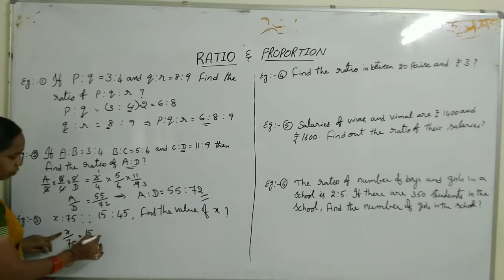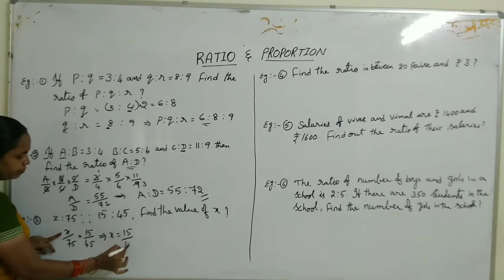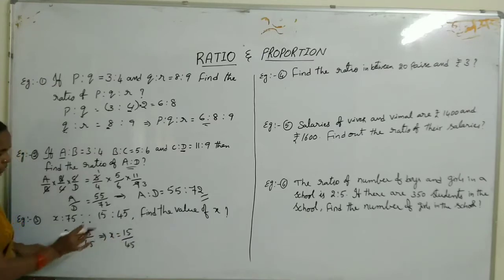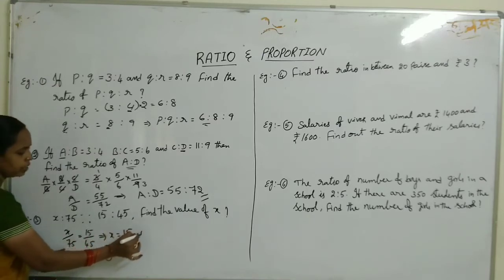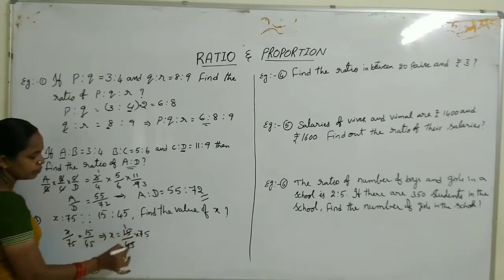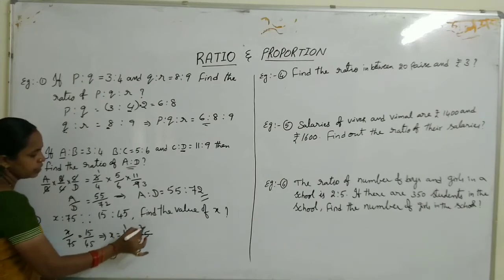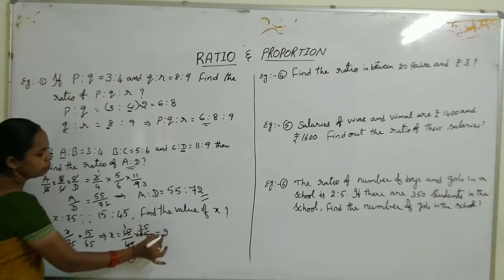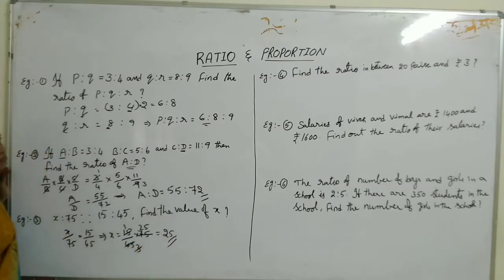So x equal to 15 by 45. This 75 is sent to that side: here divided, there it will be multiplied. So 15 ones, 15 threes, 3 25s, and value of x equal to 25.